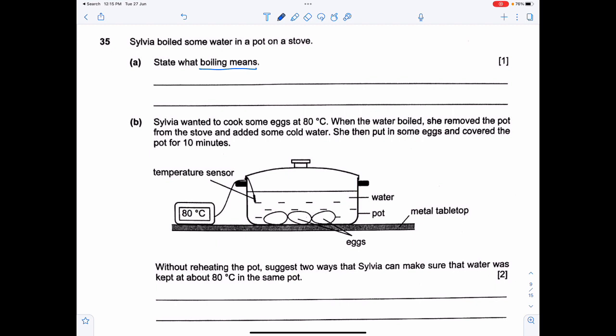When it comes to definitions, there is no other way. You have to memorize. So what boiling means is change of state from liquid to gas at a fixed temperature.